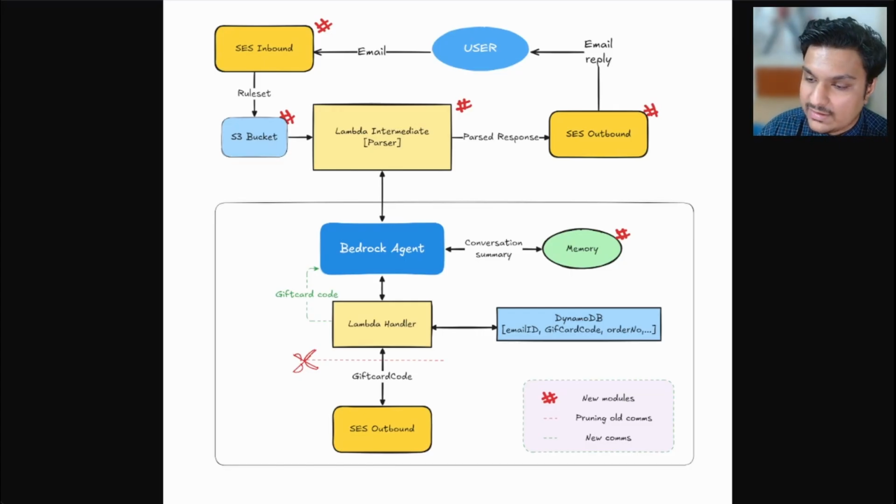But once it crosses the 60-minute limit, the session is closed. When you have memory set up, before closing, it creates a summary of the entire conversation that happened in the span of an hour, and it saves it in a DynamoDB database. It does it all on its own.